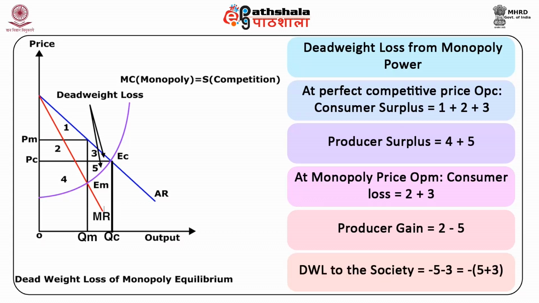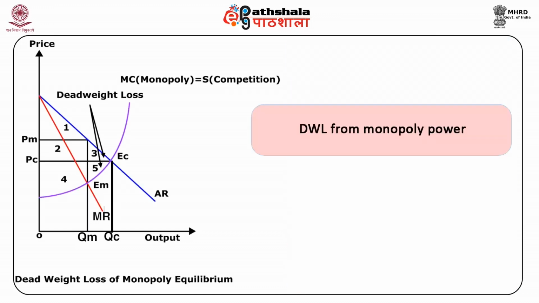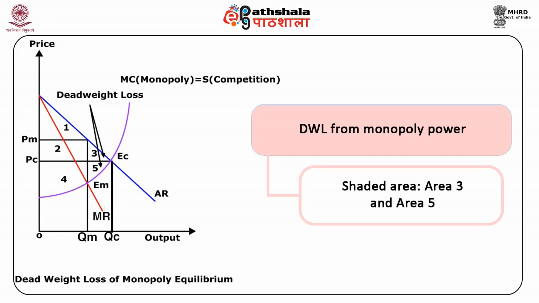Thus, the deadweight loss to society is equal to minus 5 minus 3, or minus (5 plus 3). The deadweight loss from monopoly power is given by the shaded area, that is, area 3 and area 5. The deadweight loss resulting from monopoly accounts for its allocative inefficiency.